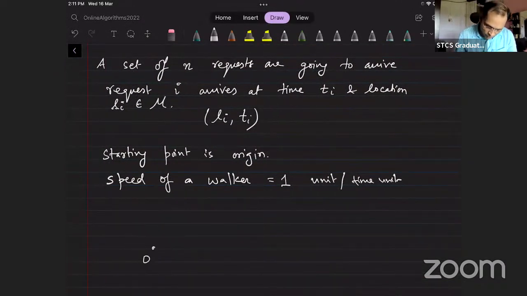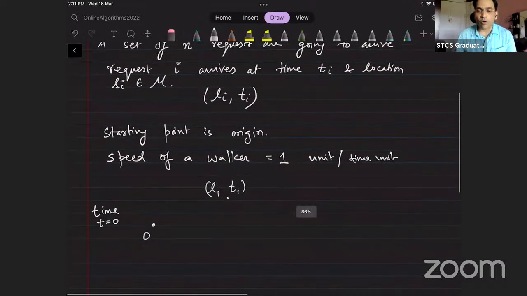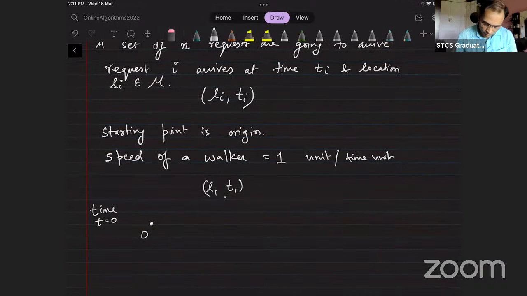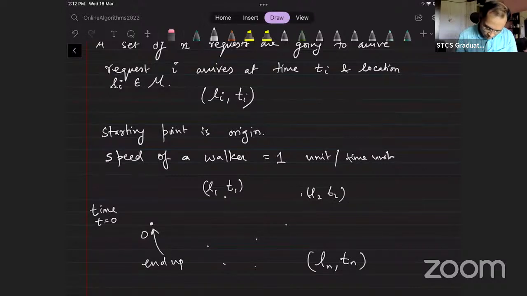So let's say the first request arrives, L1 T1. Time also starts from 0. You're allowed to wander off anywhere you like. The speed at which you can move is 1. You are required to visit all the locations that are part of the request set. So L1 T1, L2 T2, and so on until Ln Tn. And you have to end up at the origin.